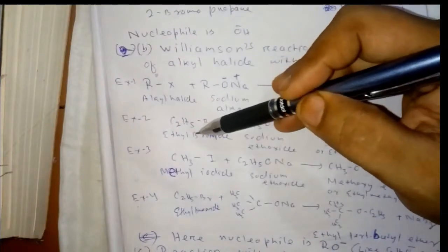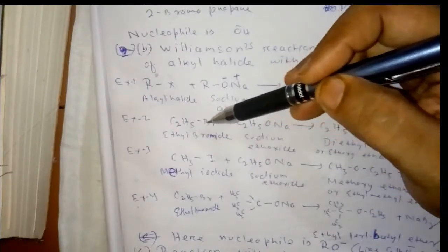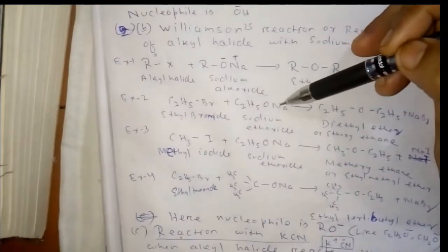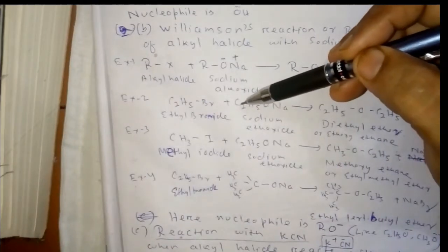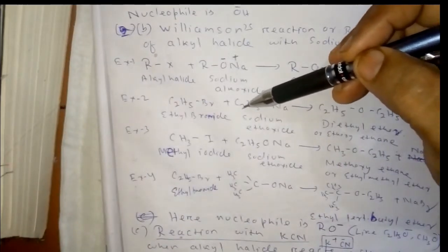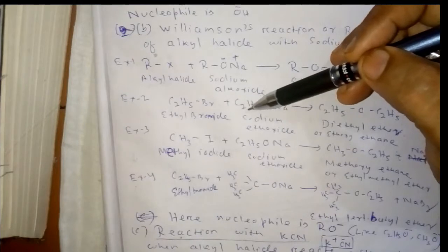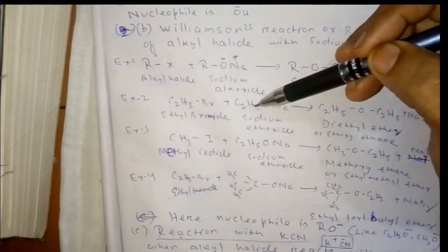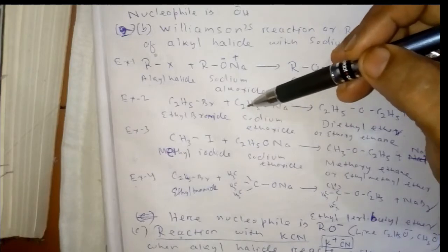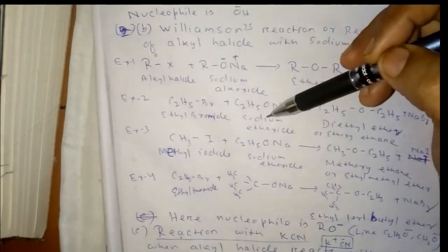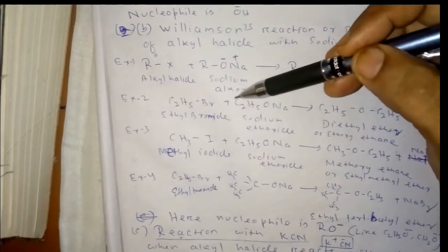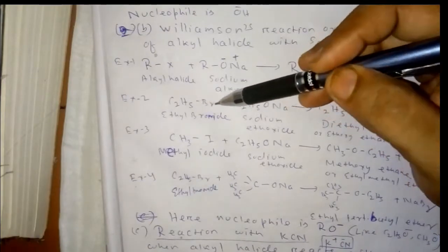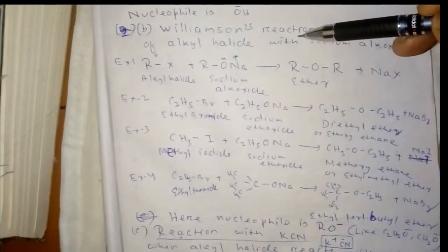Example 2, this is a general reaction. We will go to a particular reaction. Ethyl bromide plus sodium ethoxide, C2H5ONa. This has 2 carbons, so it is termed ethoxide. If it has 1 carbon, it is termed methoxide.